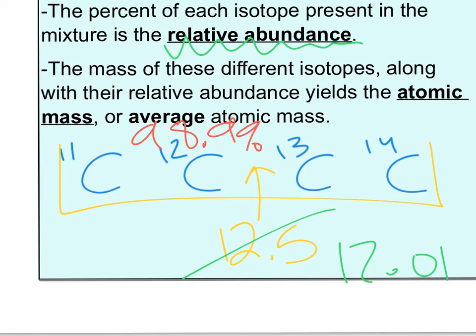Well, if most of the carbon is carbon-12, that would probably skew the average closer to 12, which it does. So the more prevalent an isotope is in nature, the more hold it's going to have on the average. So we need to not only factor in the different isotopes, but also the relative abundance of that isotope.